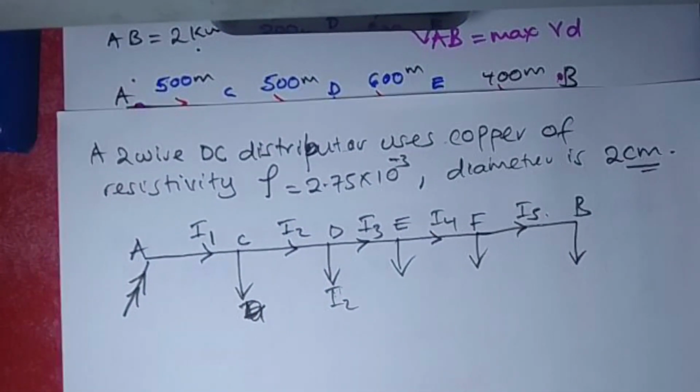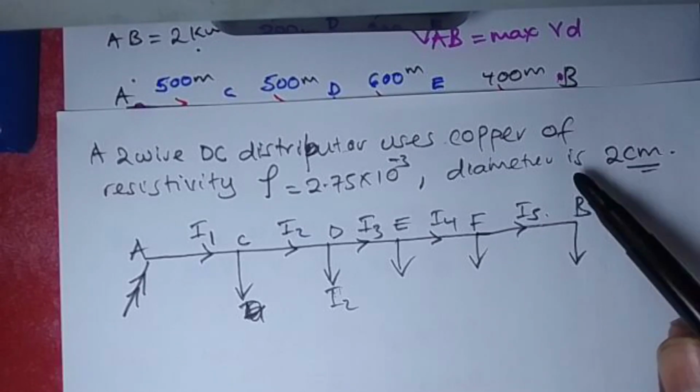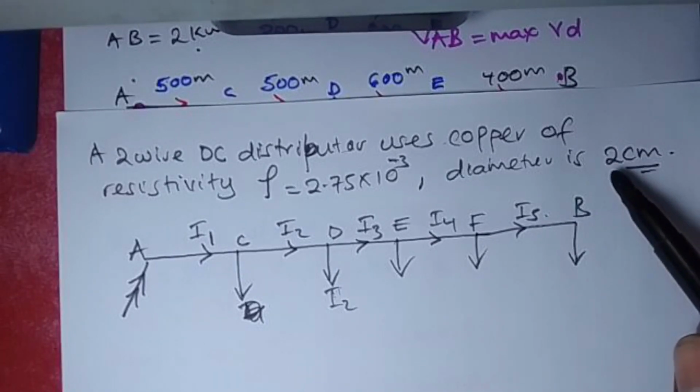Now the only thing that is going to change is when it comes to calculating the values of resistances across the particular sections. First of all, what they have given you here is the diameter.